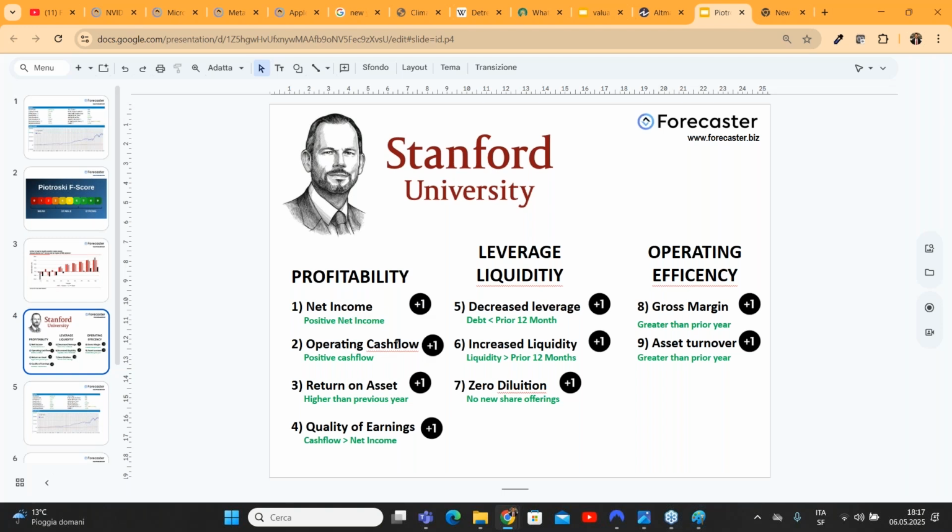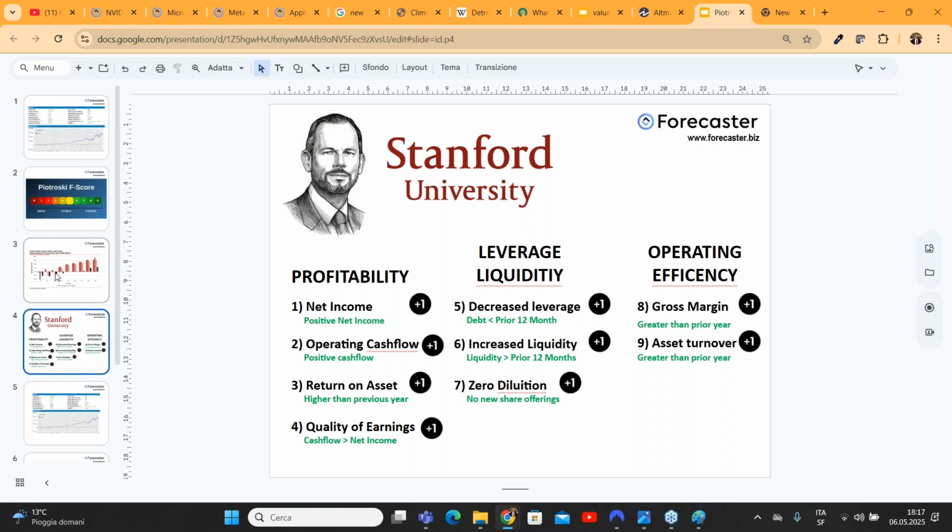The same for operating cash flow, the same for return on asset, the same for the quality of earnings. If you have a positive ratio compared to the previous one, you add just 1 point. At the end of the day, if you have 9, it means that you have a better situation compared to the previous one, okay? And you have a solid company.